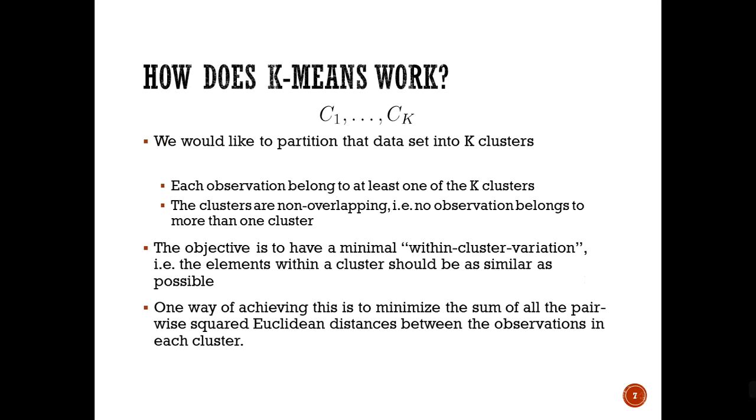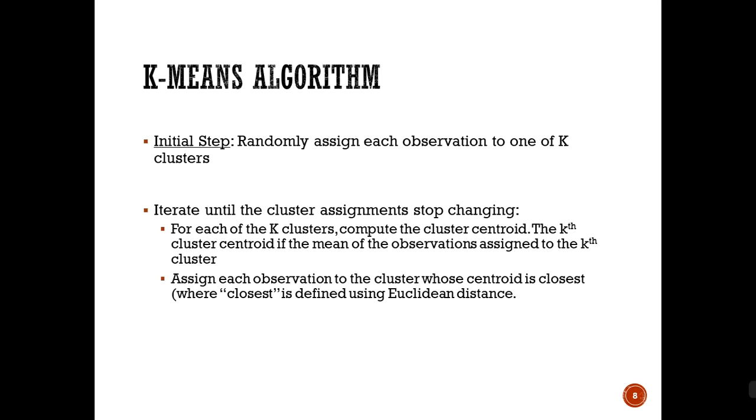So we have a criterion. But let's actually talk about the k-means algorithm, and then we'll circle back and see why I minimize the objective function, why I minimize the within cluster variation.